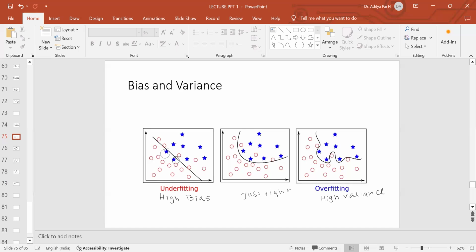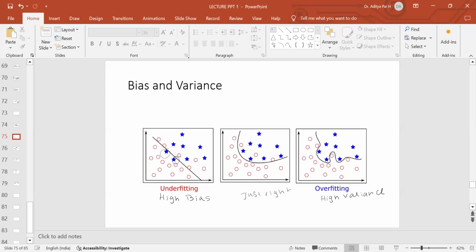Now with this quadratic algorithm, you can see that it is considering all the aspects and a few errors are there, but it is trying to fit all the data. In the linear case it was not fitting all the data, but here you are fitting all the data, though there are still some errors.